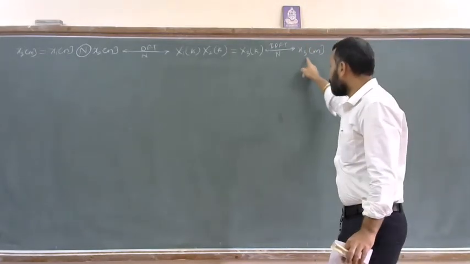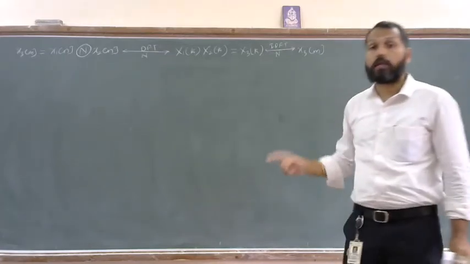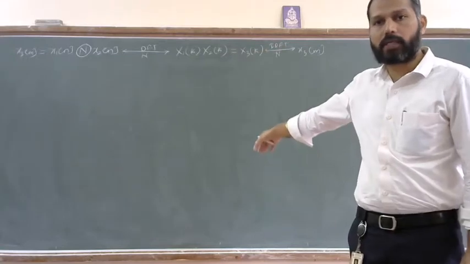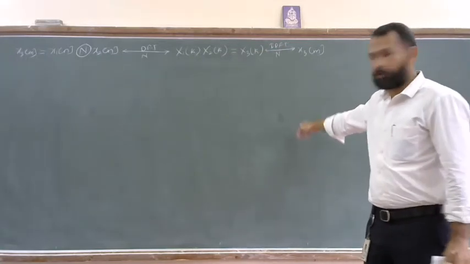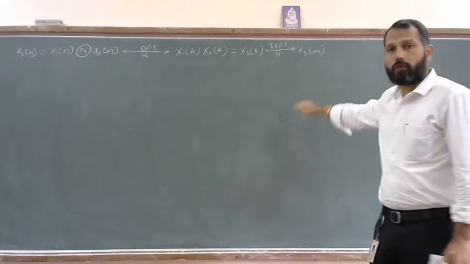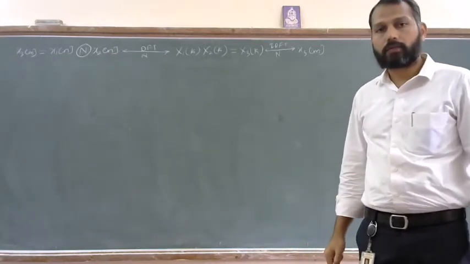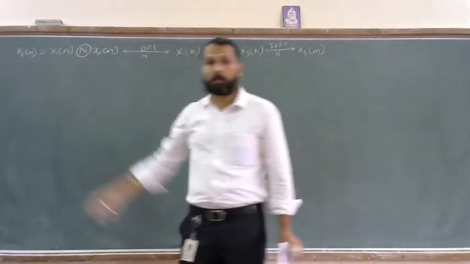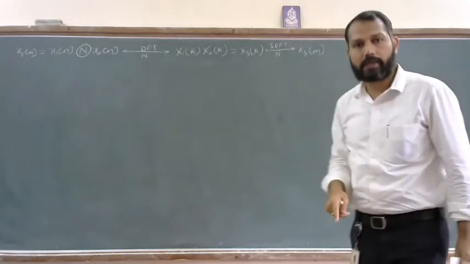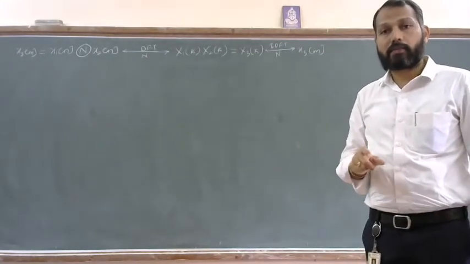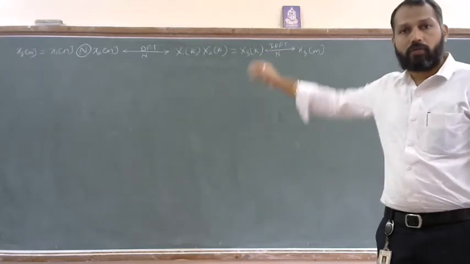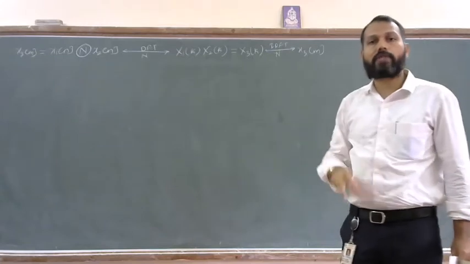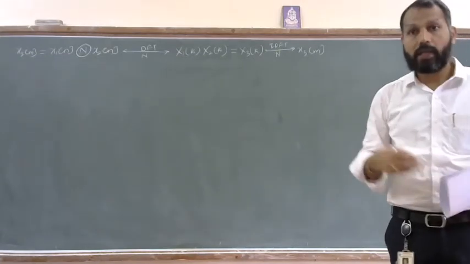How will we obtain the circular convolution using DFT and IDFT expressions? At least the procedure. We will be solving the problem to understand the calculations. But did you understand the flow that we will be following? The problems you performed yesterday, both the concentric circle method and the matrix method, are the time domain approach, because we considered x1 and x2, the time domain sequences itself, and operated on them.